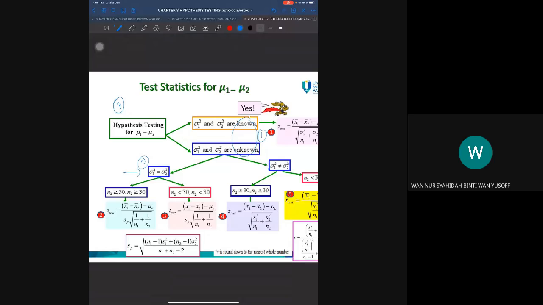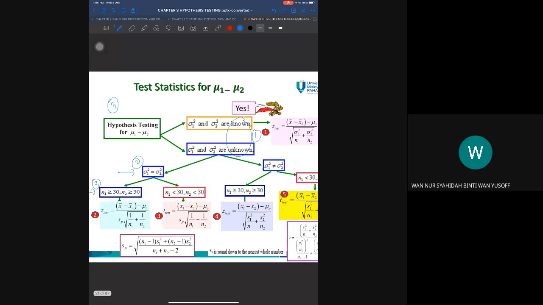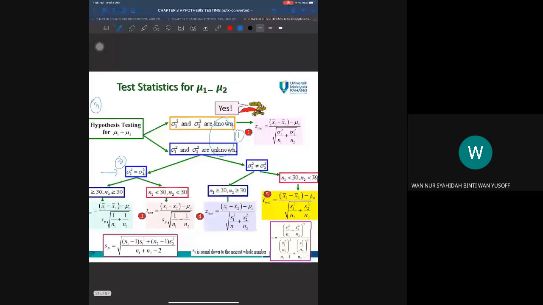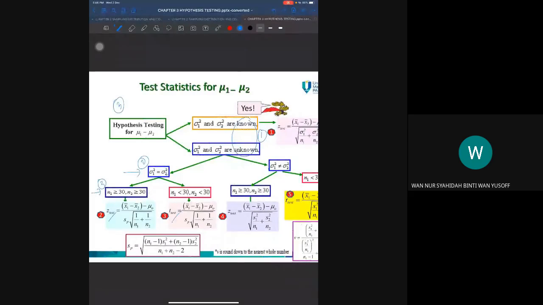Based on the decision, you will know which one to use, whether equal or unequal. The third condition is the sample size, whether both are less than 30, or both are greater than or equal to 30. The formula is similar to the confidence interval. The difference is here we use the test statistic, so you have the Z test and also the T test.